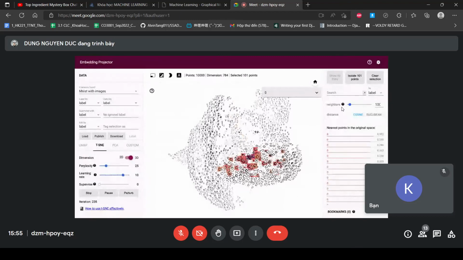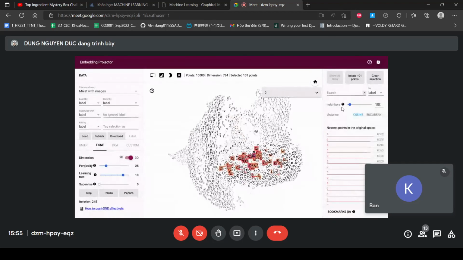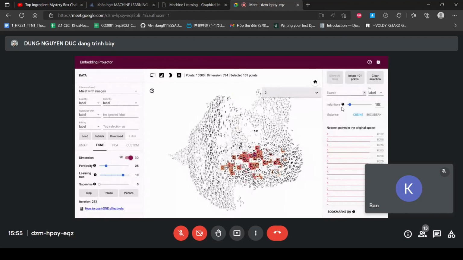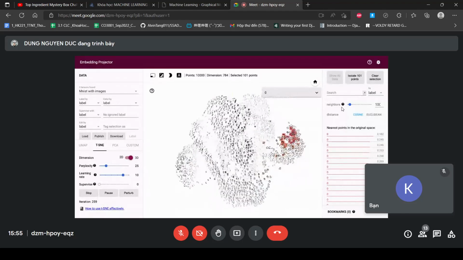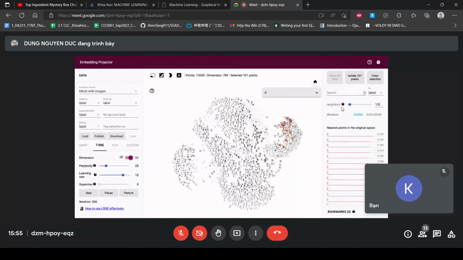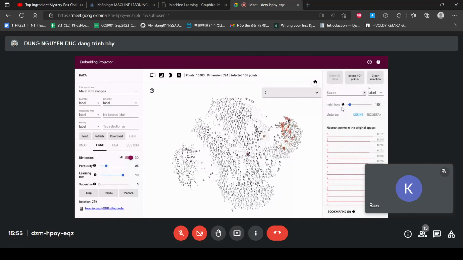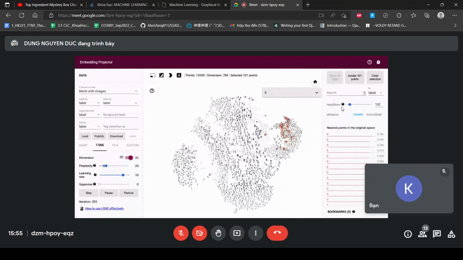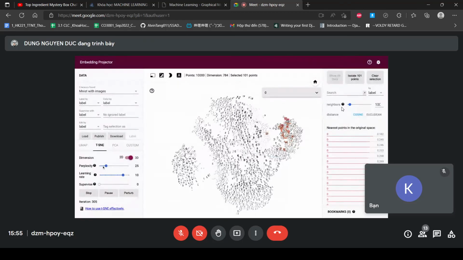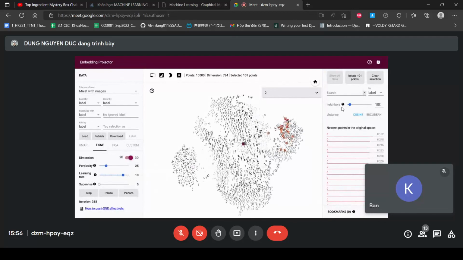And as you can observe, most of the data which belong to one class now gather around each other. Unlike PCA, right? This one actually feels a lot better. You can change some other factors like perplexity or learning rate. It depends on your choice.